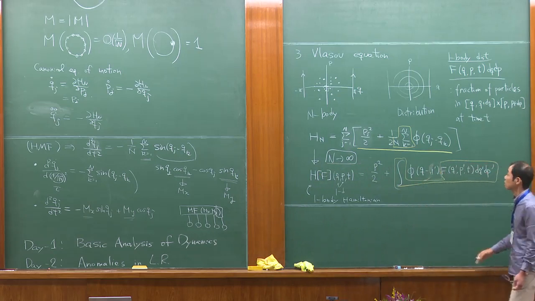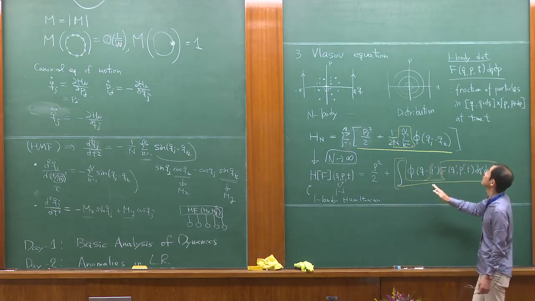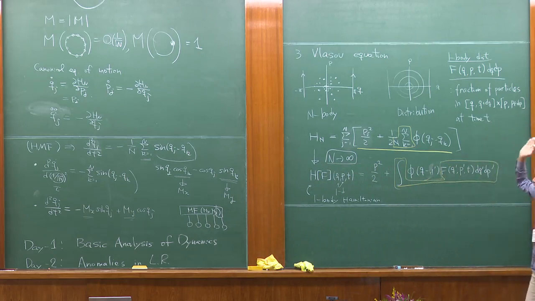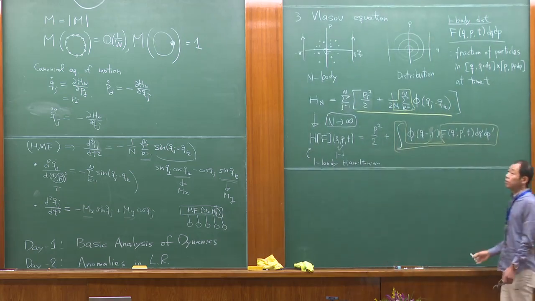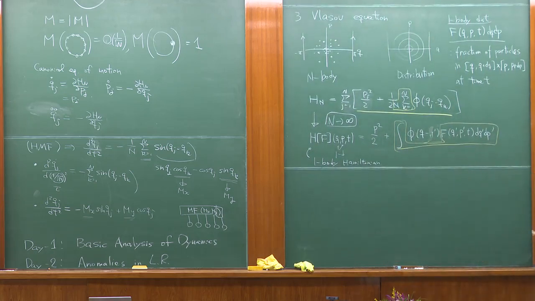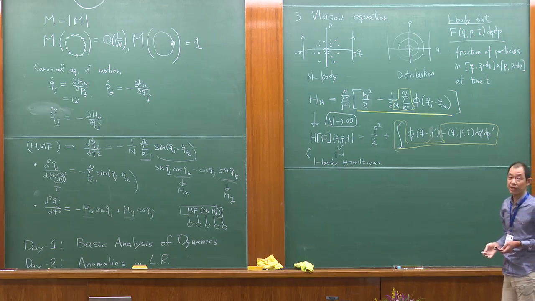And how about the temporal evolution of the distribution F? F is the fraction of particles, and particles do not vanish and are not created, so it means that the number of particles is conserved.